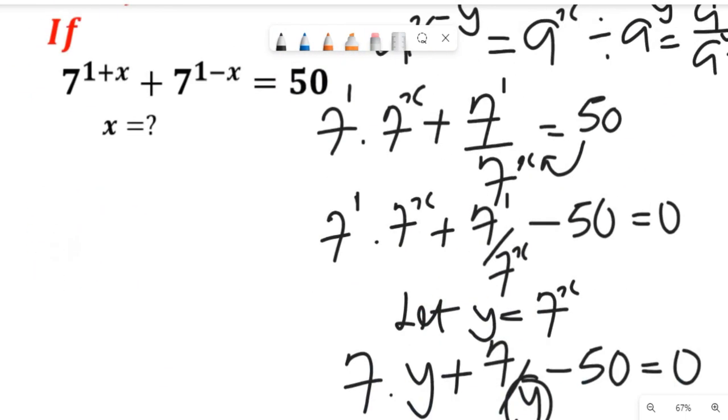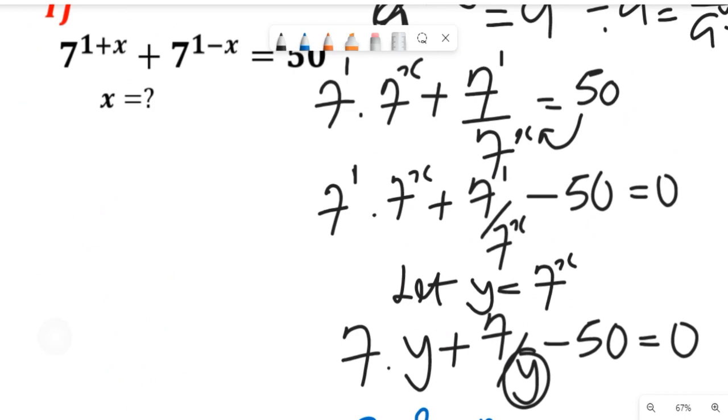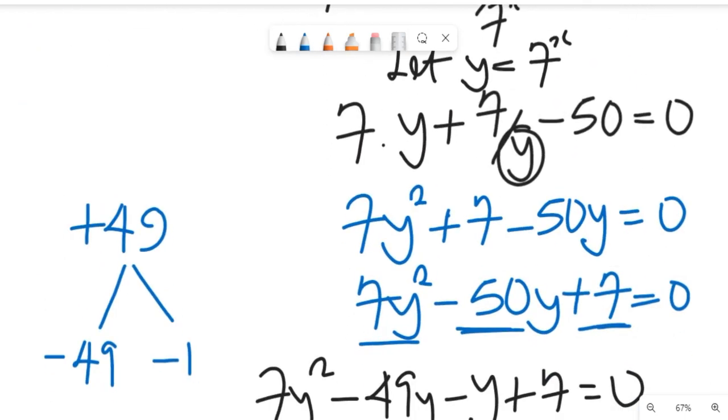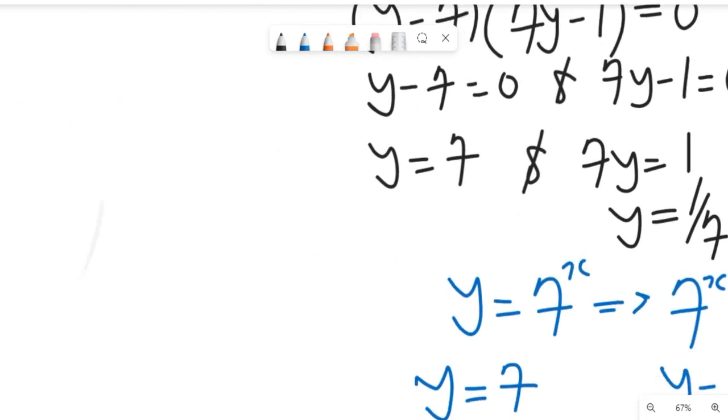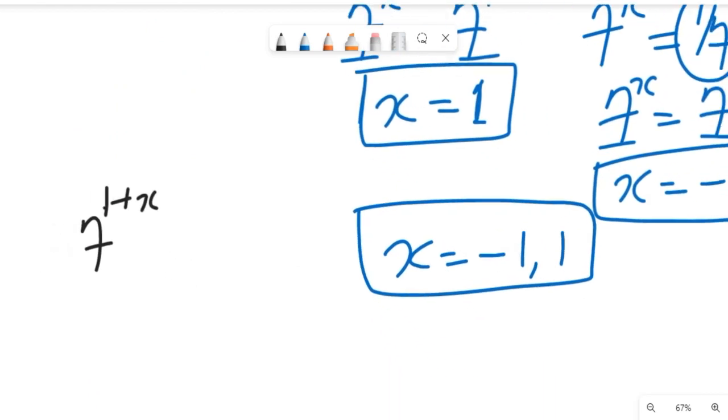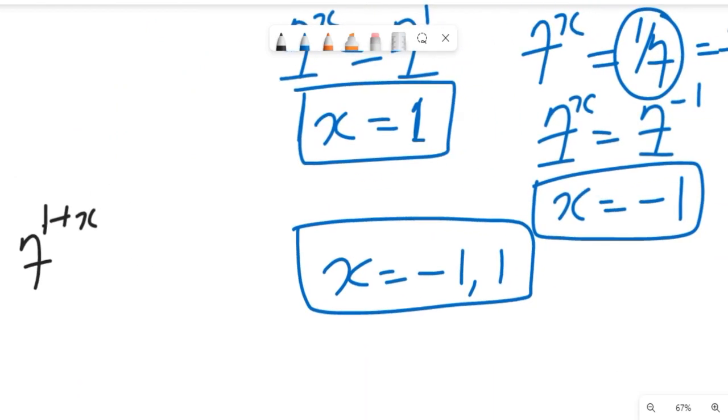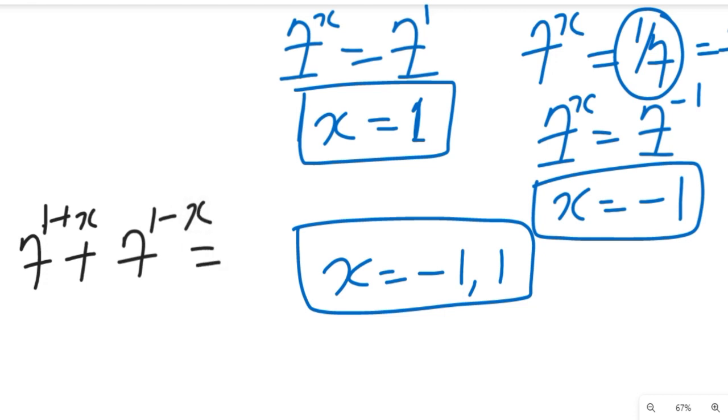Let's confirm: 7 to the power of 1 plus x plus 7 to the power of 1 minus x. We want to confirm if those two terms can give us 50. We want to confirm if this will give us 50.